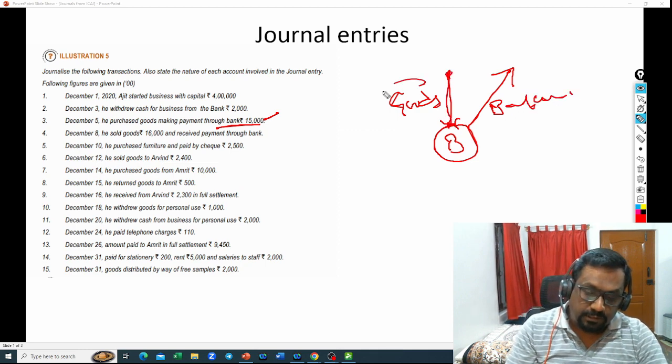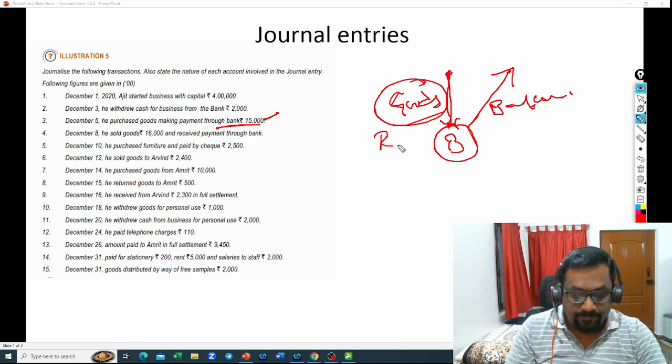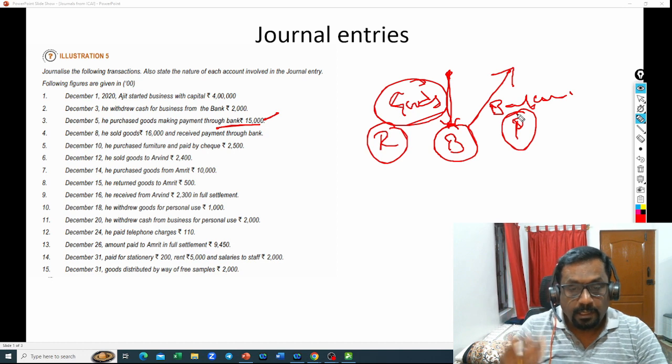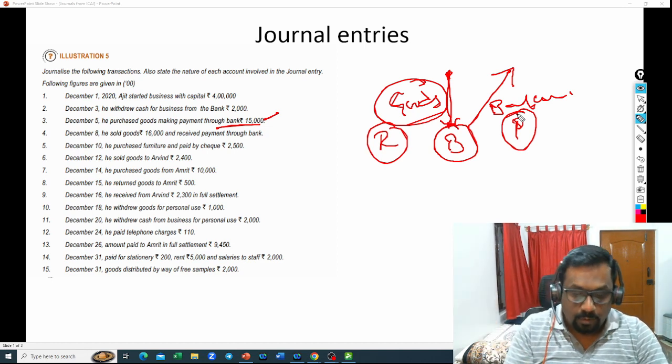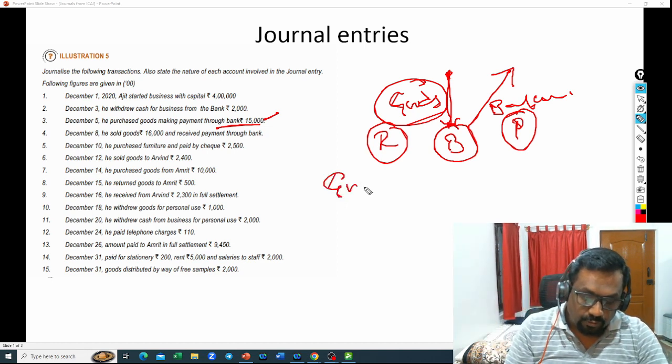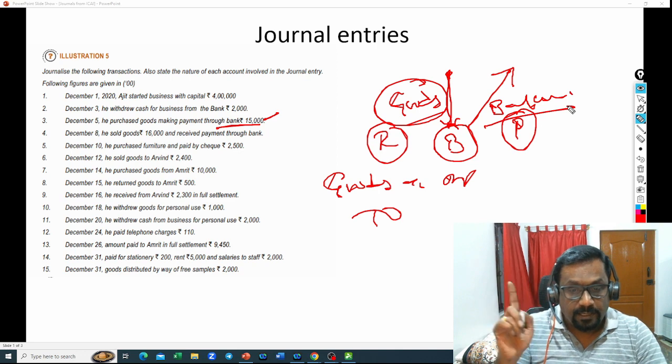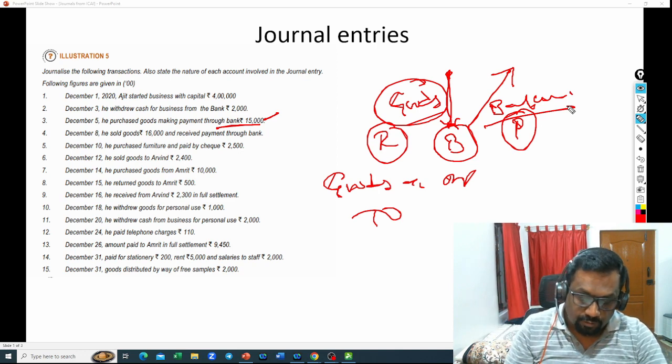Goods come under what type of account? Real account. Bank comes under what type of account? Personal account. Real account principle: debit what comes in, credit what goes out. So goods are coming, so you need to debit goods account. Banker comes under personal account: debit the receiver and credit the giver. He is giving, so bank account credit.